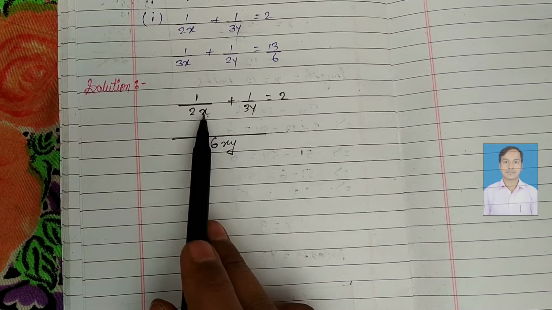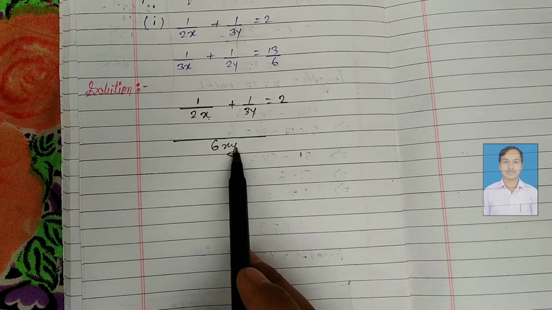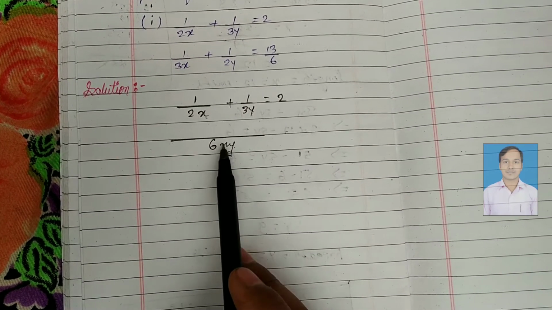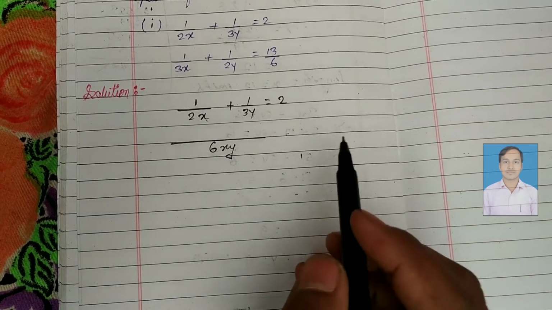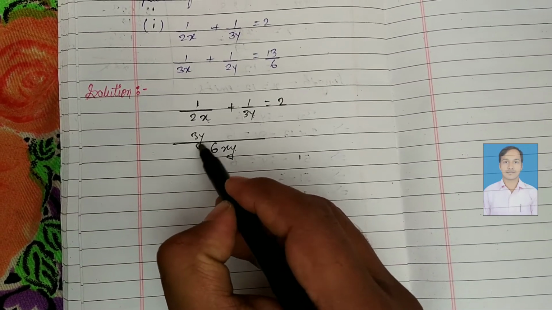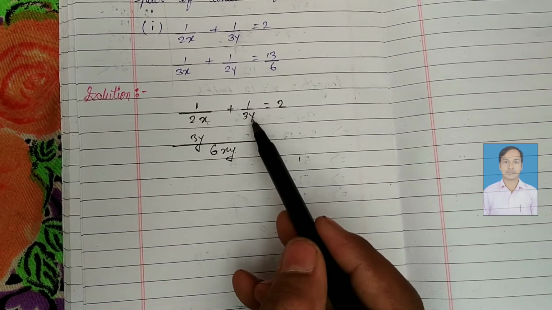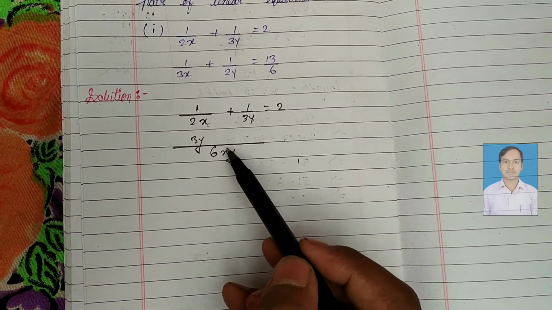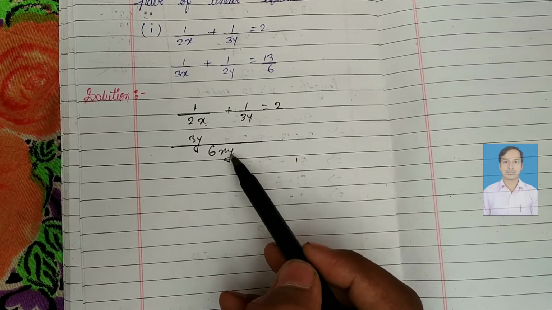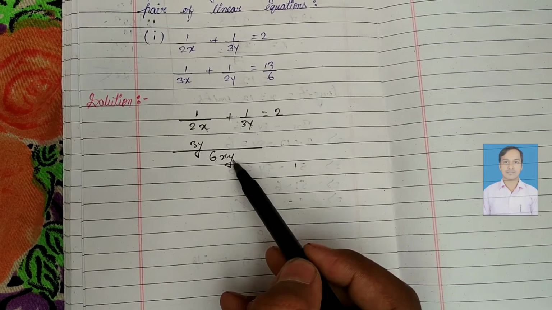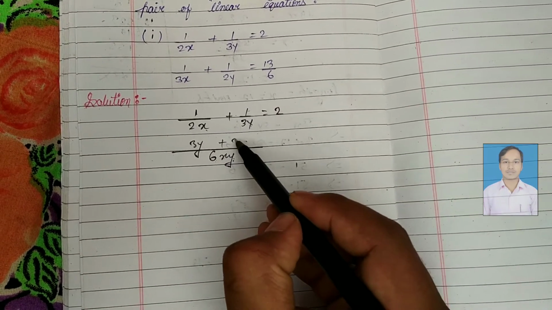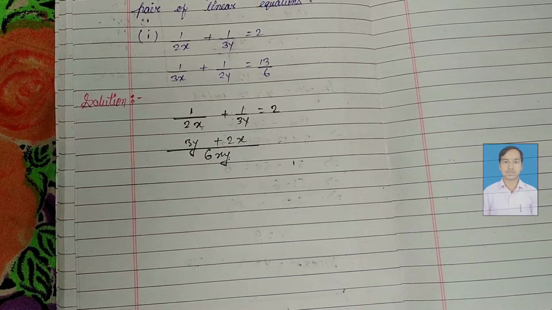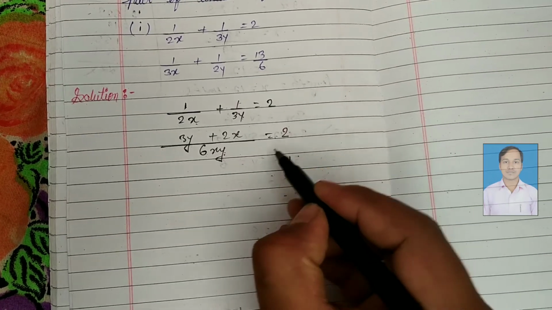Now divide 6xy by 2x and multiply that quotient with the numerator, so this will be 3y. Again, divide 6xy by 3y, then you will get 2x, and multiply that 2x with the numerator, so you have 2x is equal to 2.